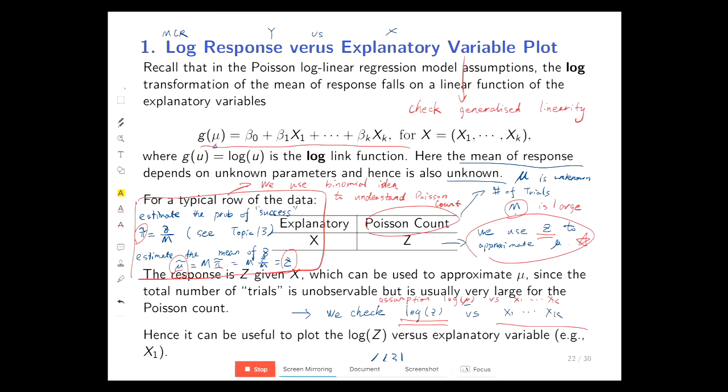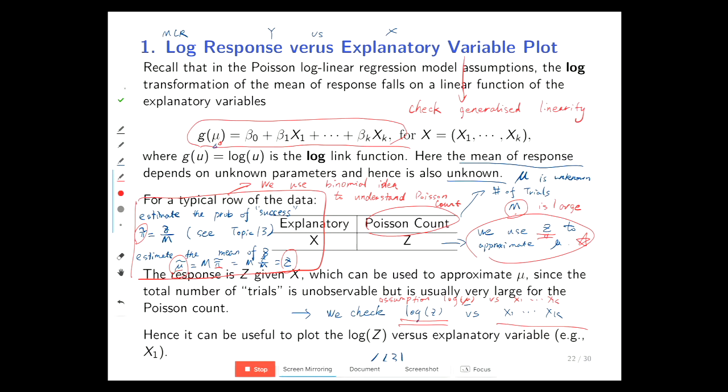In order to do that, the idea is from the assumption itself, because in the assumption, we assume log of mu is a linear function of experimental variable. So in order to check it, we need to find something to approximate mu. And here, by using this binomial idea to interpret the Poisson count, we can find that we can use z to approximate mu.